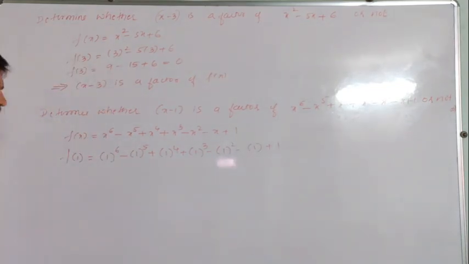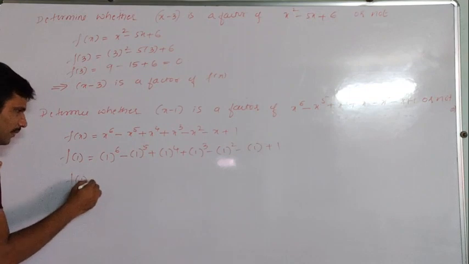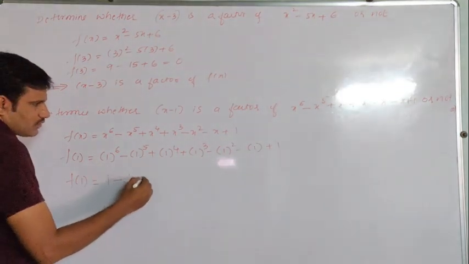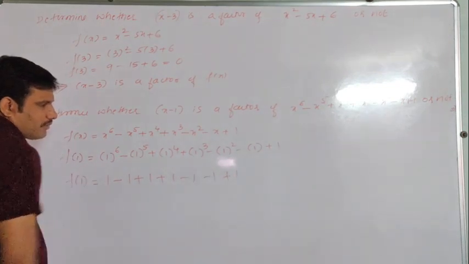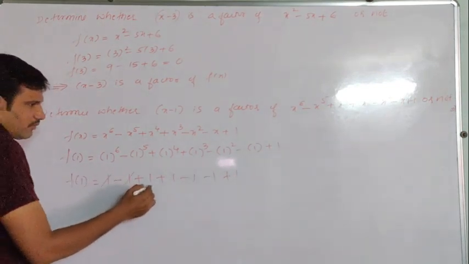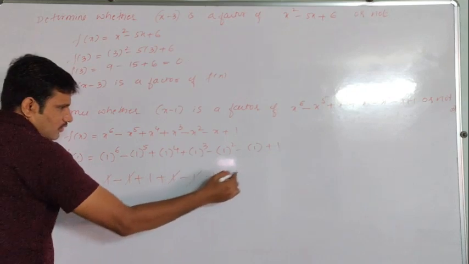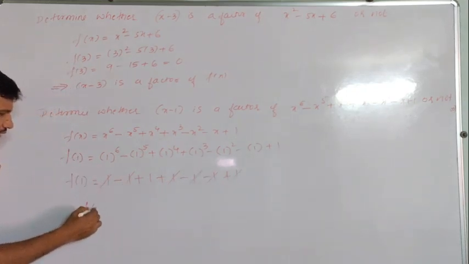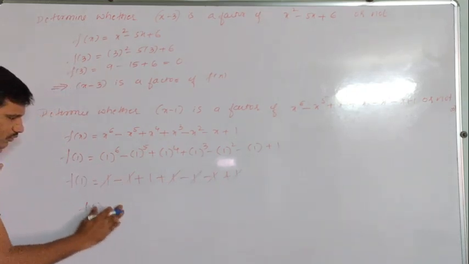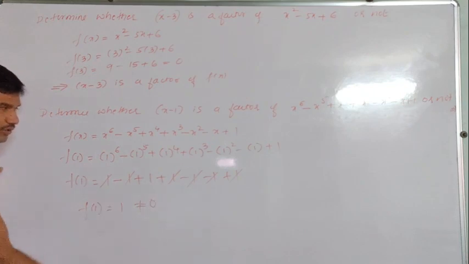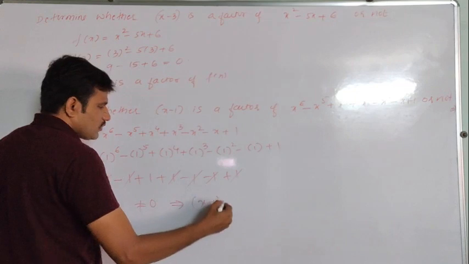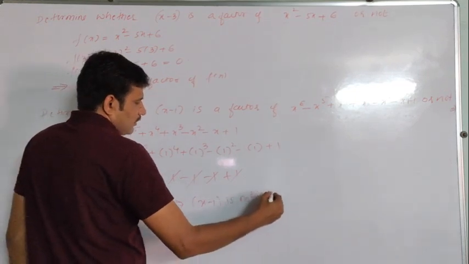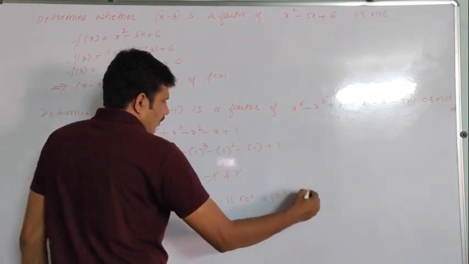So f of 1 is 1 minus 1 plus 1 plus 1 minus 1 minus 1 plus 1. We are left with 1. f of 1 equals 1, which is not equal to 0. So this implies x minus 1 is not a factor of f of x.